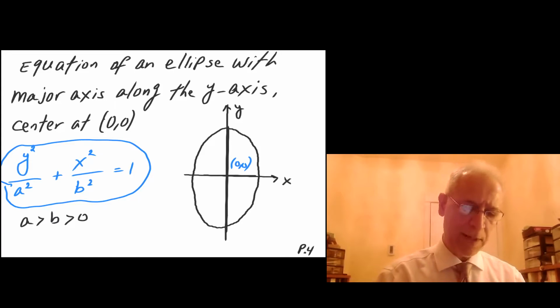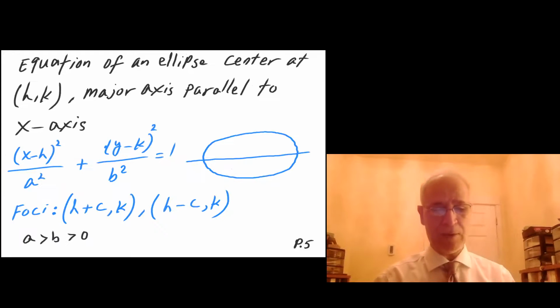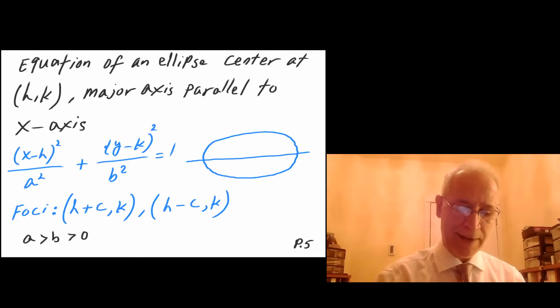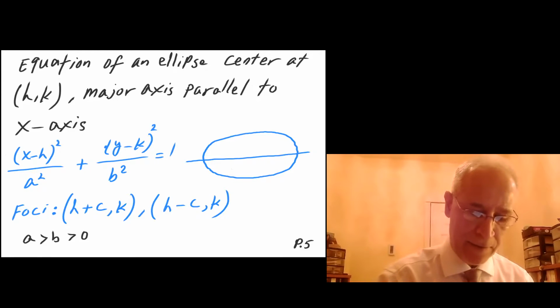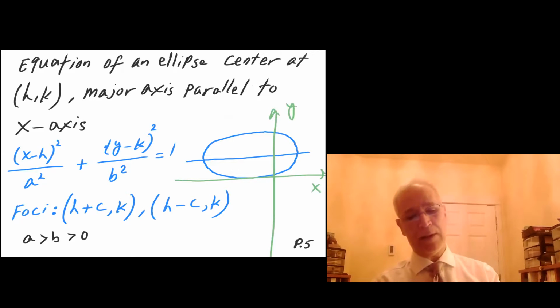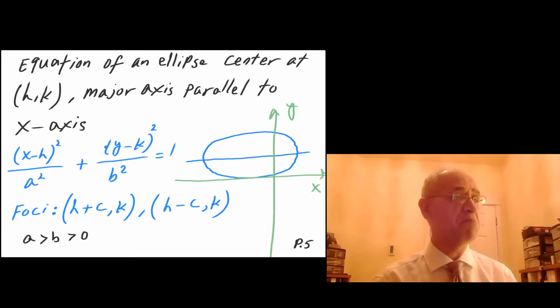Now, what if you have an ellipse whose center is somewhere that is not the origin? So let's say this is my x and this is my y. Notice that the center of this ellipse is nowhere near the origin.